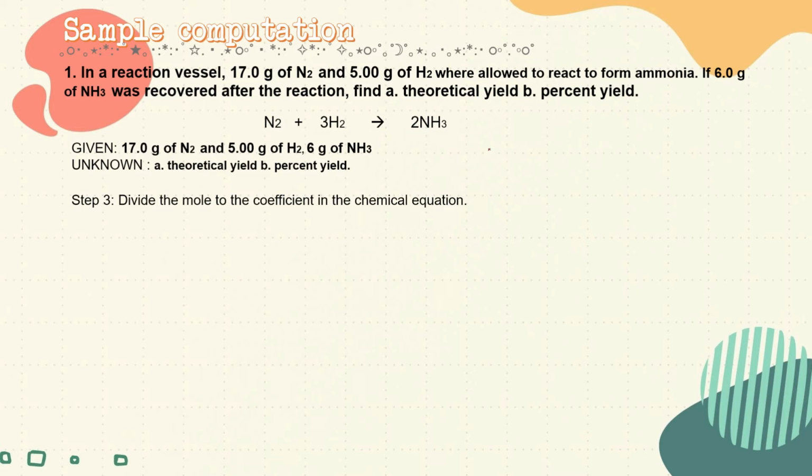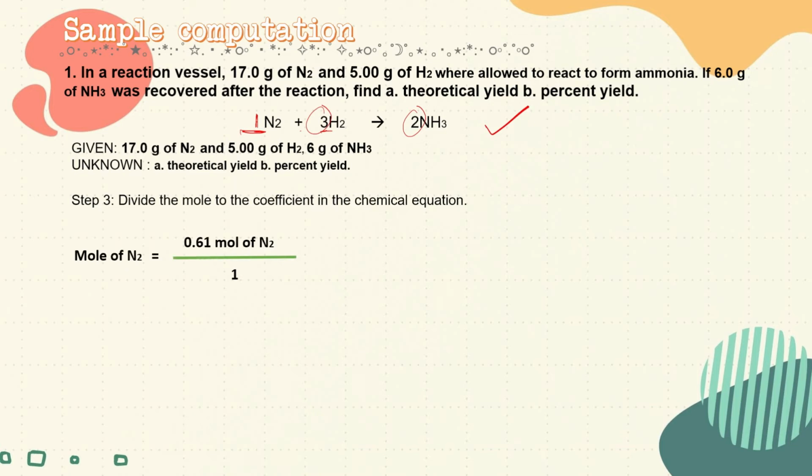So here is the chemical equation. Let's determine first the coefficient of each reactant. Meron tayo ditong invisible one, so that is the number of mole or coefficient. And this is 3, so we have 3 for the hydrogen and we have 2 mole for the ammonia.